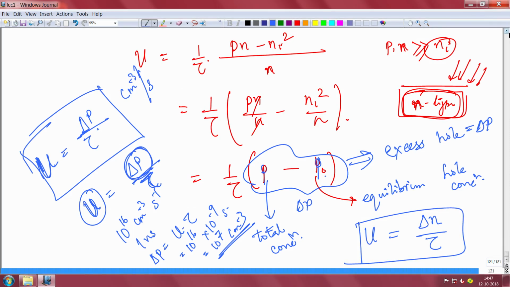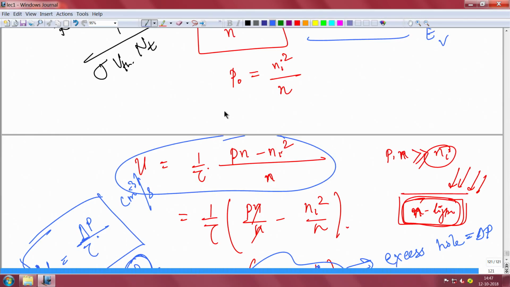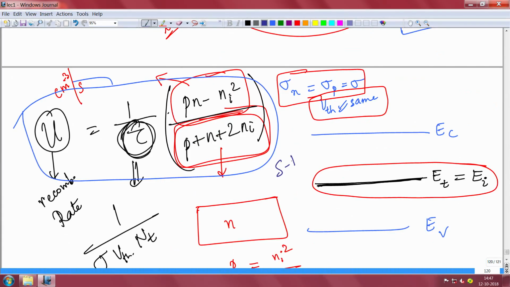And in case I did not tell you before, this entire expression that we have learned here, this recombination, is called SRH recombination statistics. What does SRH stand for? SRH stands for Shockley, Read, Hall.